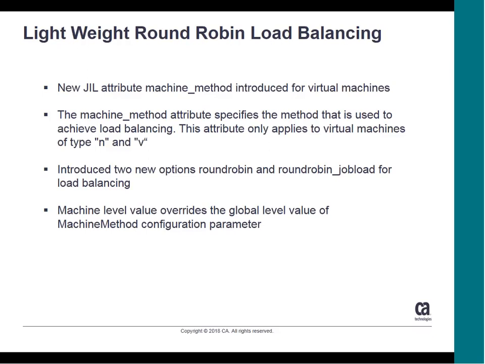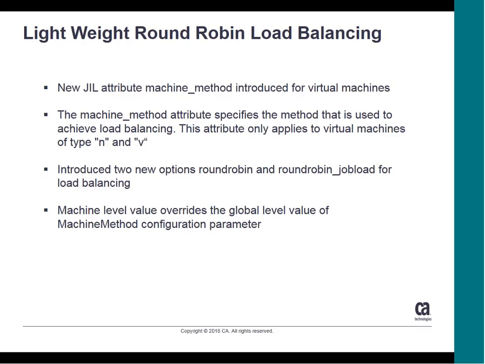In case you have a global configuration parameter like machine method, and we also have a machine method defined at the virtual machine level, then it is the virtual machine level machine method that is given preference.